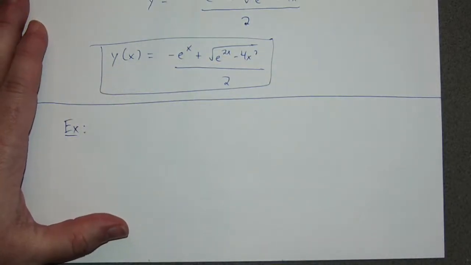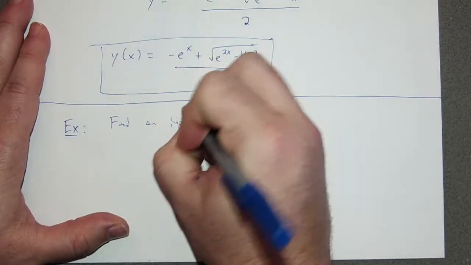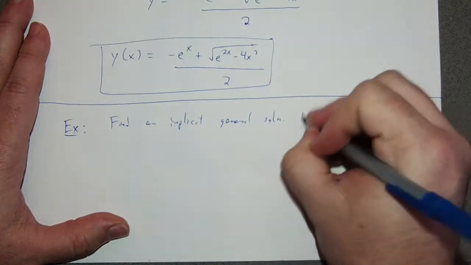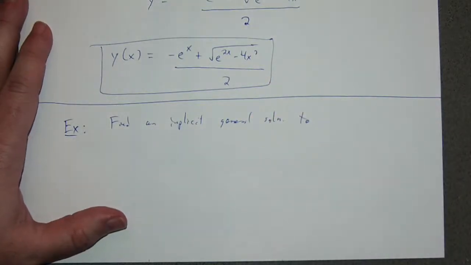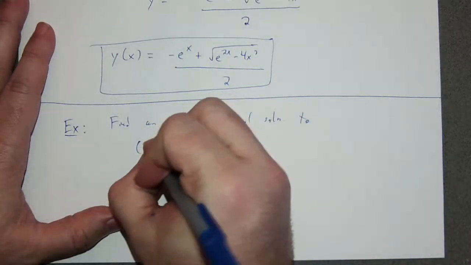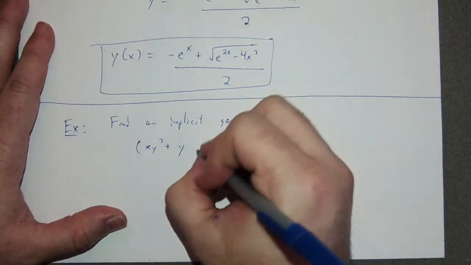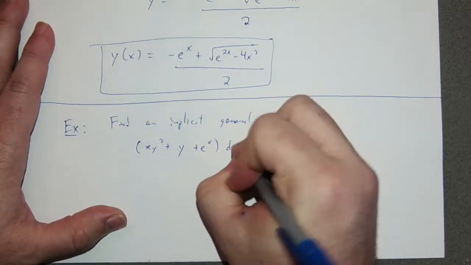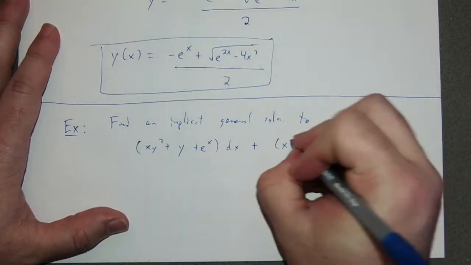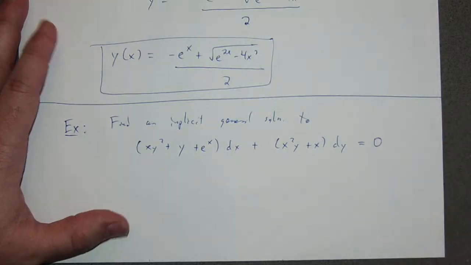Okay, so let's find an implicit general solution to the equation that is xy squared plus y plus e to the x dx plus x squared y plus x dy is equal to 0.